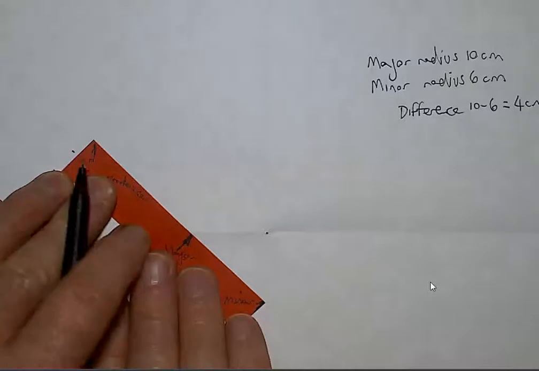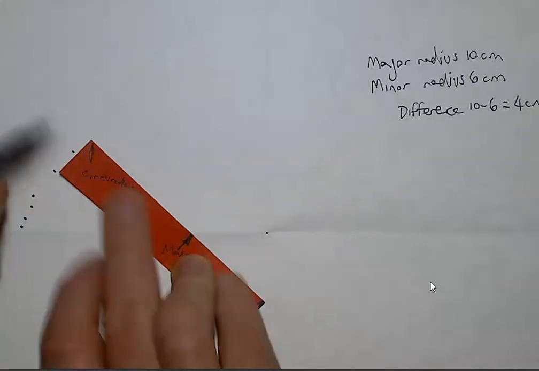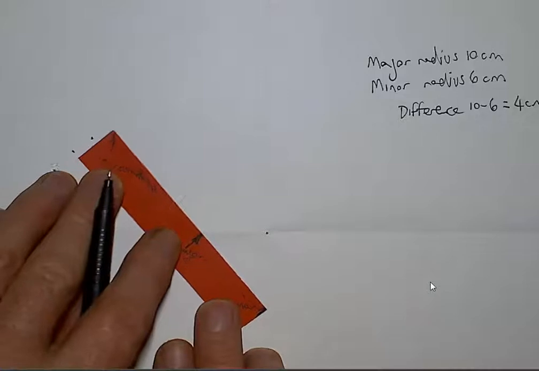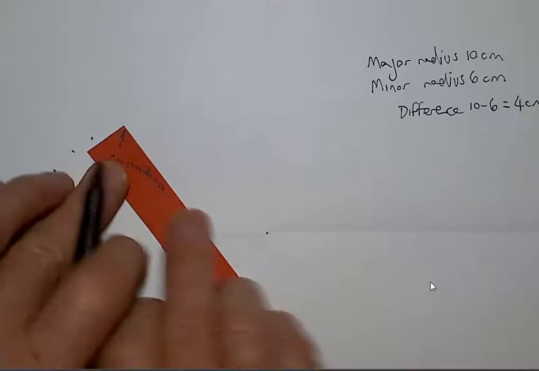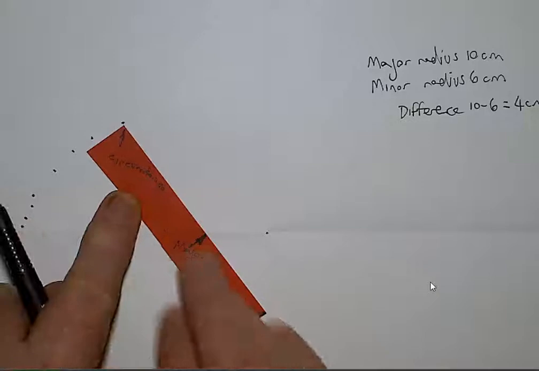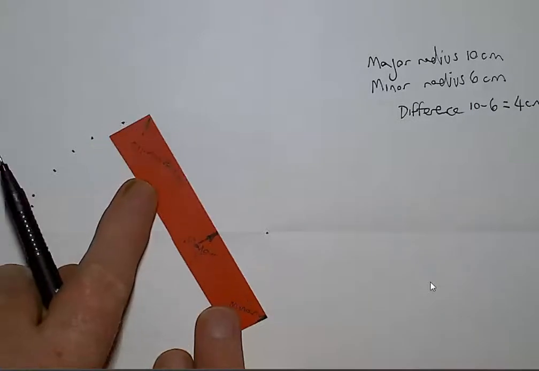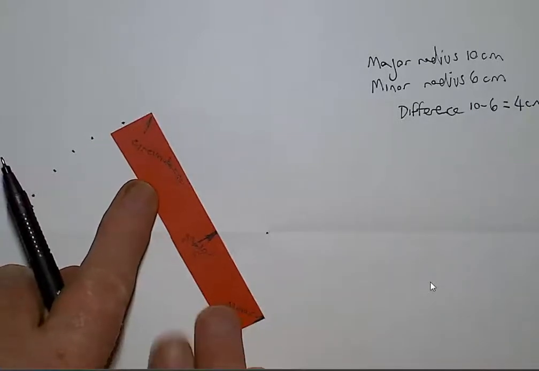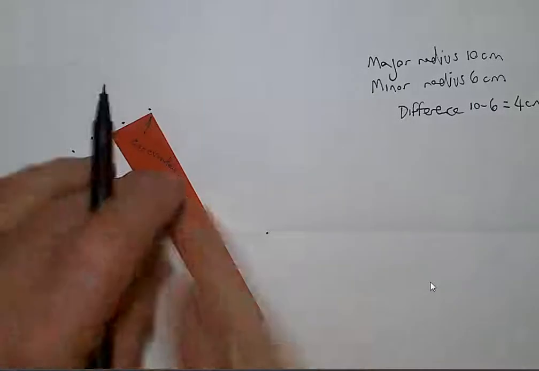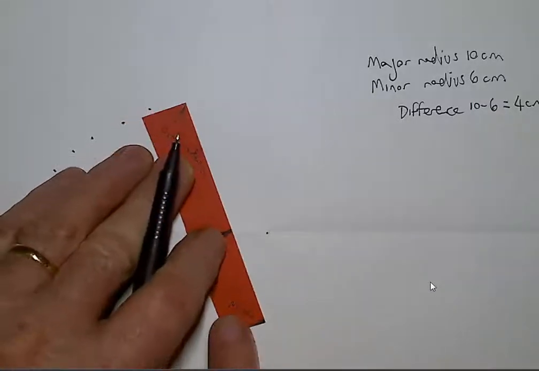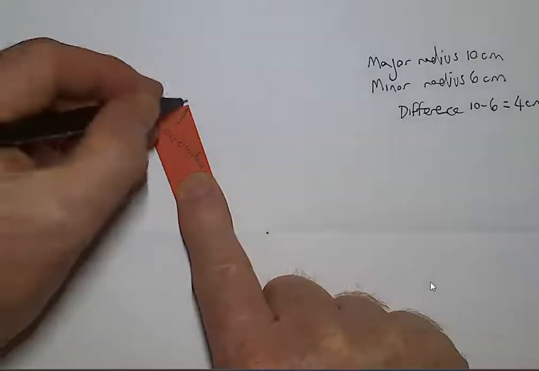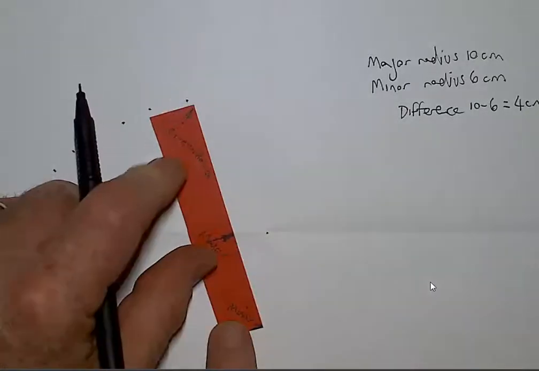We've got a point here, minor, major, circumference. And you might be able to see that what I'm forming is a whole string of points around here, which are points on the circumference of the ellipse. Now you can probably take a little bit more time over this than me, and you'll probably get a better job.